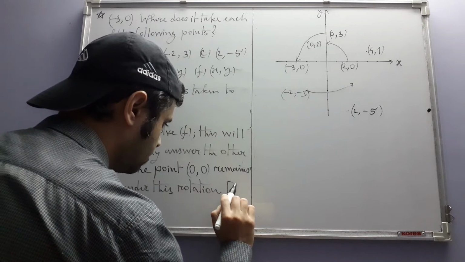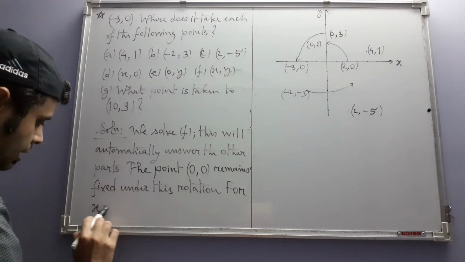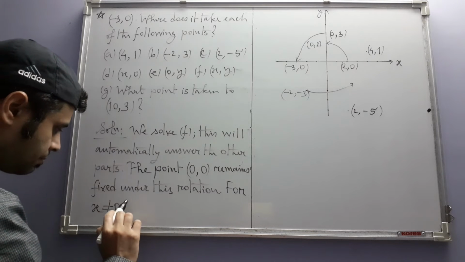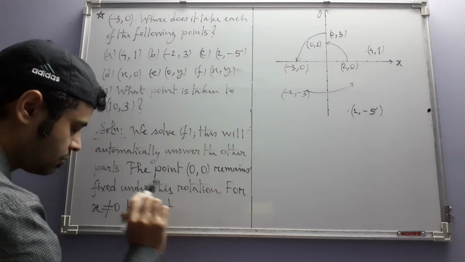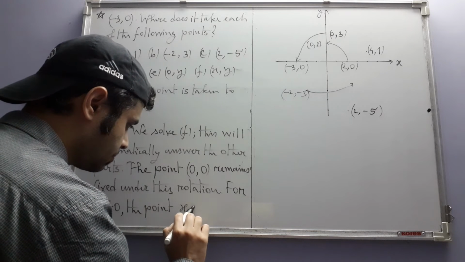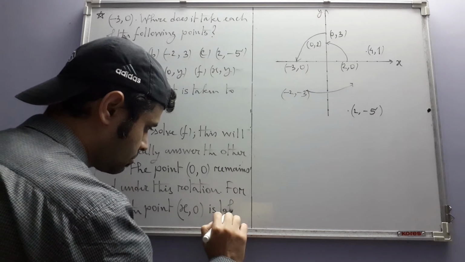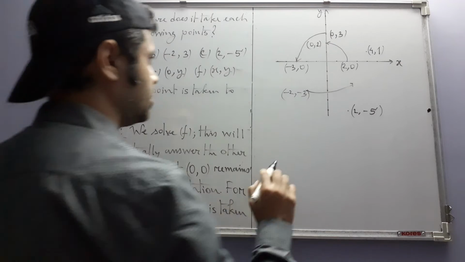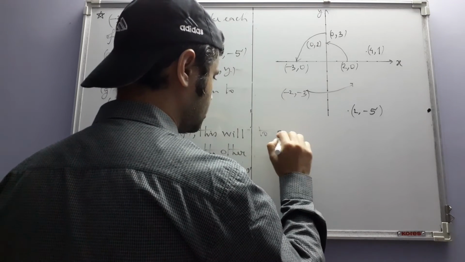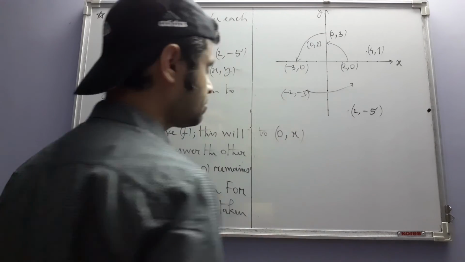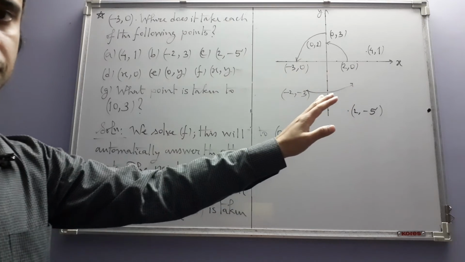Okay, for x not equal to 0, the point x comma 0 is taken to 0 comma x. We have already seen this when x is positive.